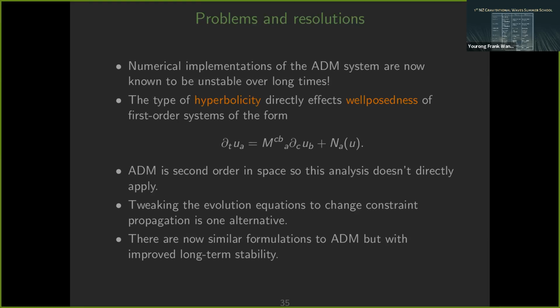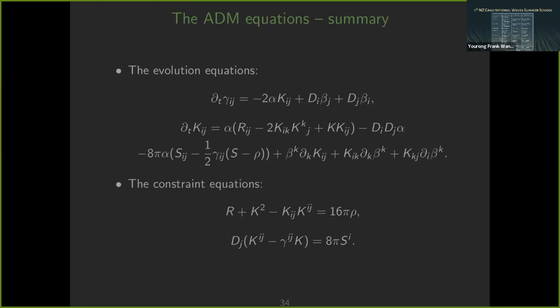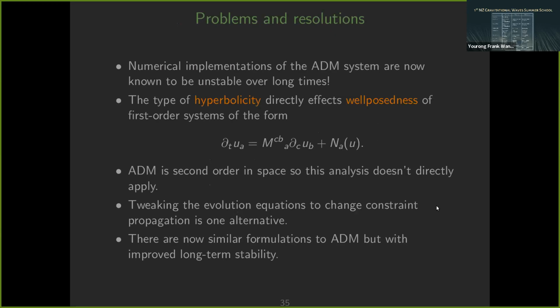But ADM is second order in space, so we have these here and in other places as well from the Ricci tensor and so on. The second order in space really doesn't allow a straightforward analysis like that.